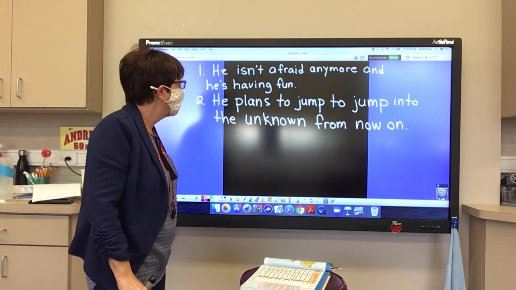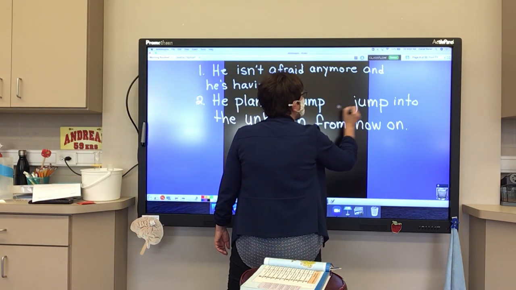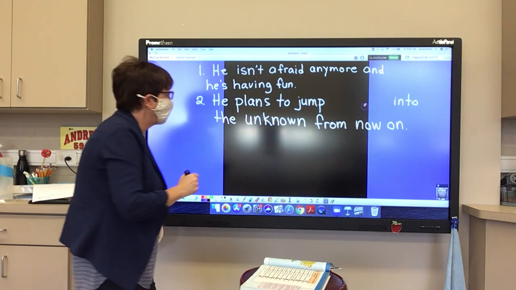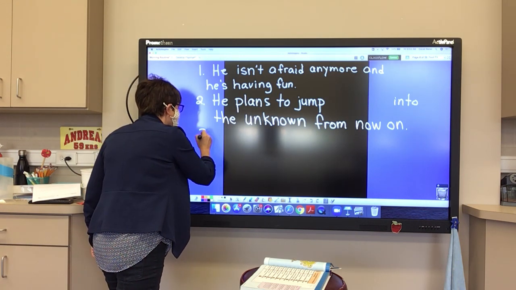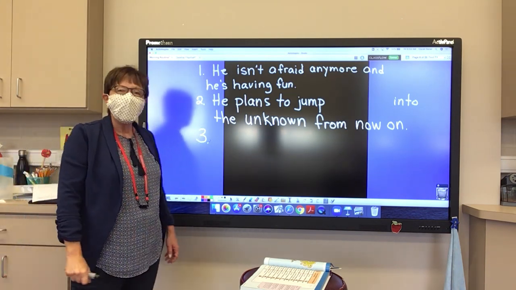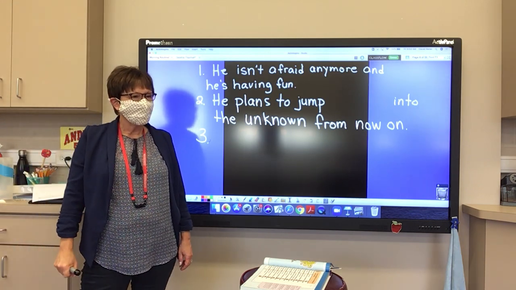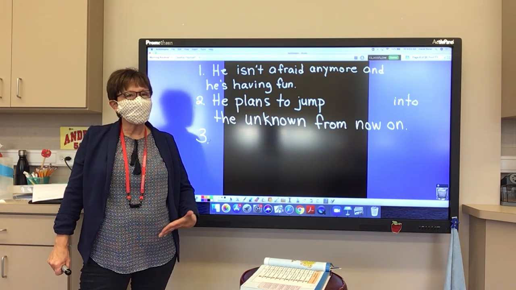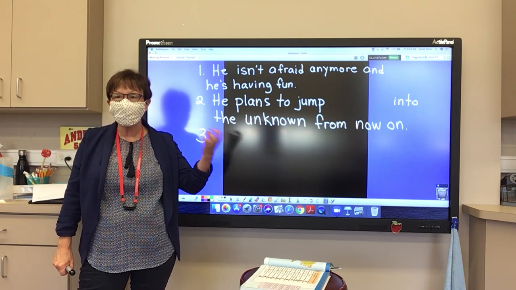You said jump 2 times. Did I? Yeah. Oh. Okay, well, you know not to write it. I was busy thinking. Plans to jump into the unknown from now on. I was busy thinking about Scaredy Squirrel and how he has become braver. I was feeling so happy for him. So excited for him. I was thinking about how his life was so sad before and boring, and now his life has just opened up for him.